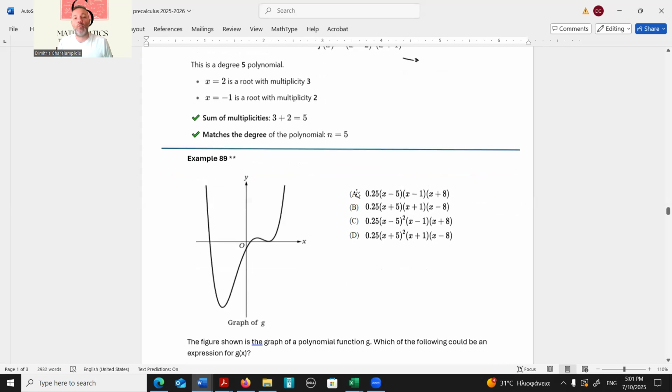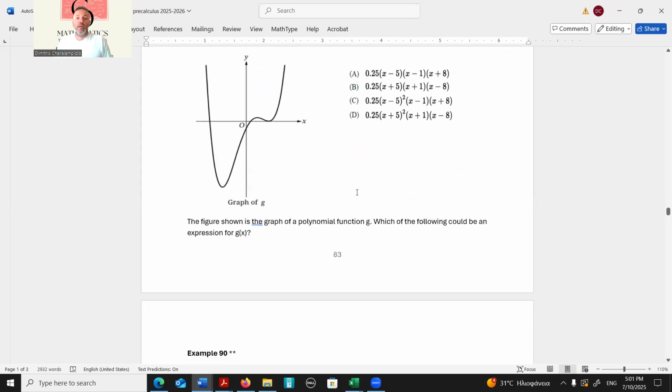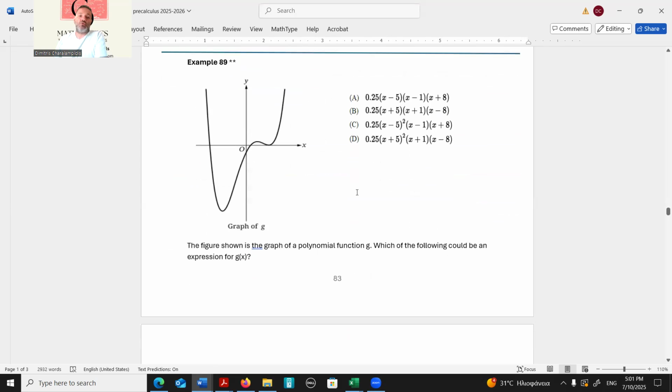Let's do a quick example. The figure shown is the graph of a polynomial function. Which of the following could be an expression for g of x? What could we tell here? We can see that we have one negative root of odd multiplicity.